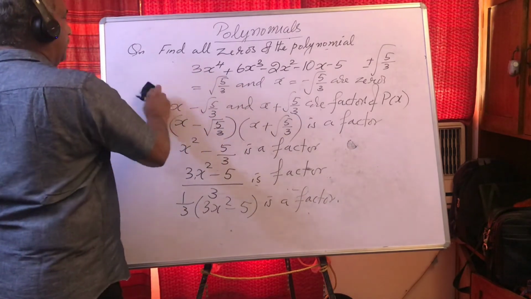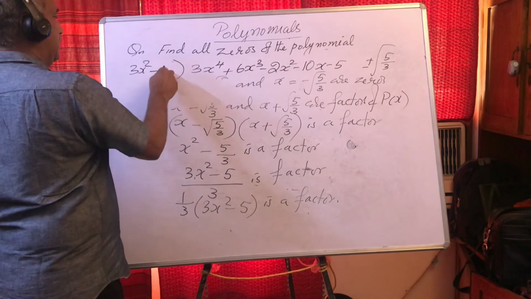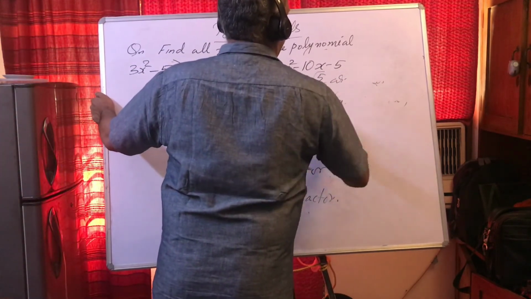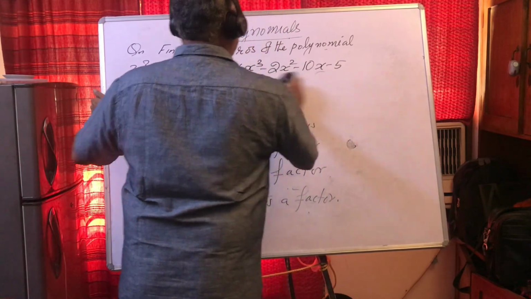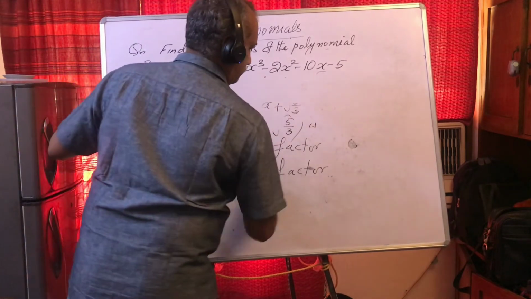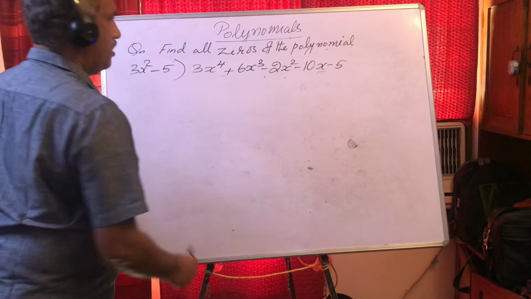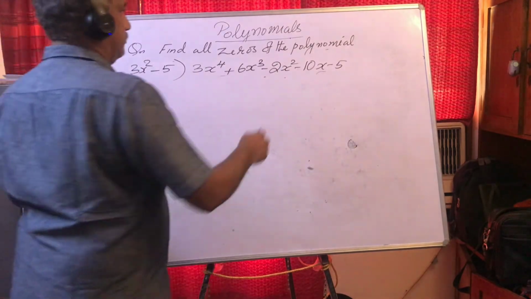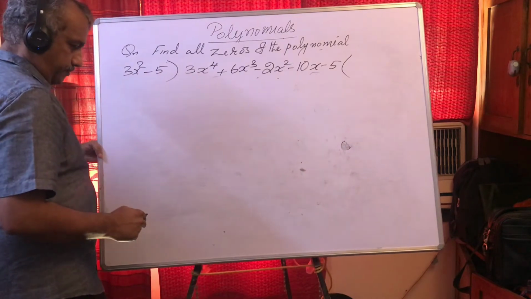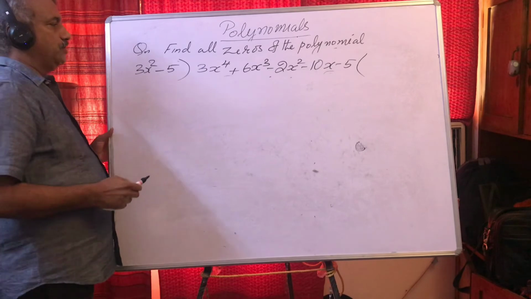So here, 3x square minus 5. Divide the first term by the first one: 3x raised to 4 upon 3x square.